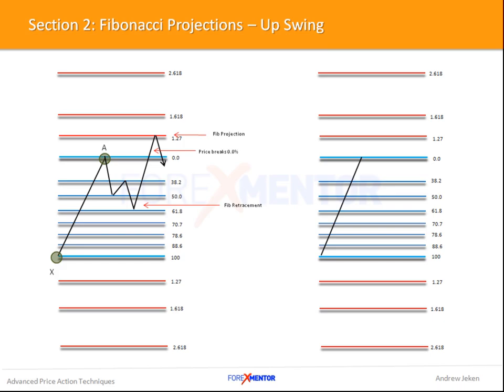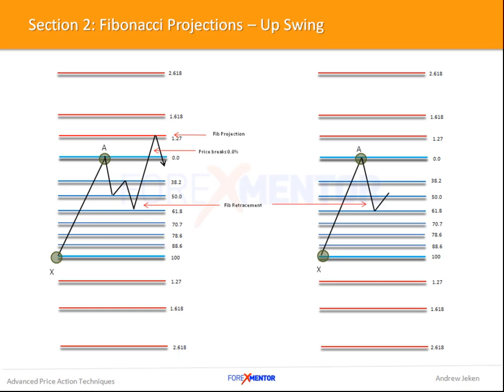In the next example, we have the same situation where we have an upswing X to A, and you can see the retracements drawn from the X to A point: 38, 50, 62, 70.7, 79, 886, 100%. Price drops. This is your fib retracement, like we went through in the previous section.